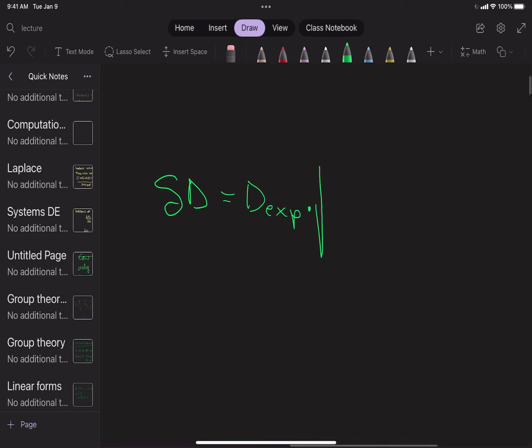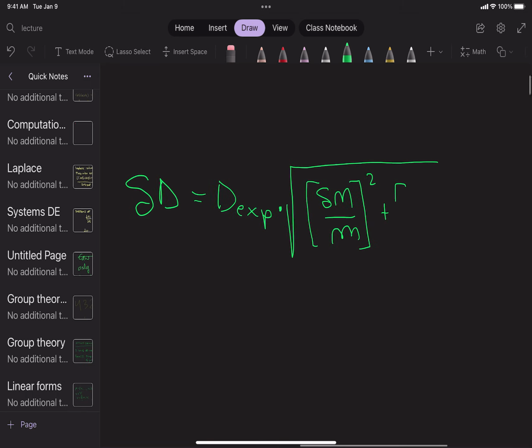The factor is going to be the square root of the error in the mass divided by the mass, squared, plus the error in the volume divided by the volume, squared. And that'll be the final calculation for the density lab.